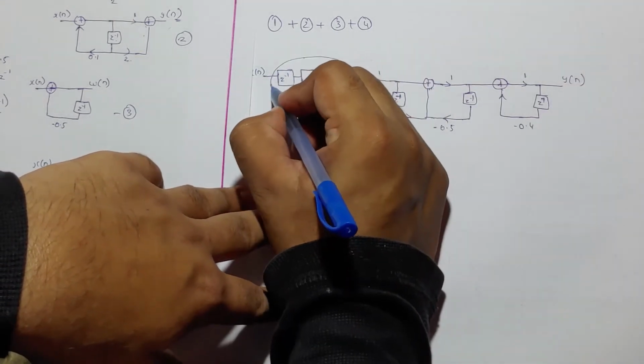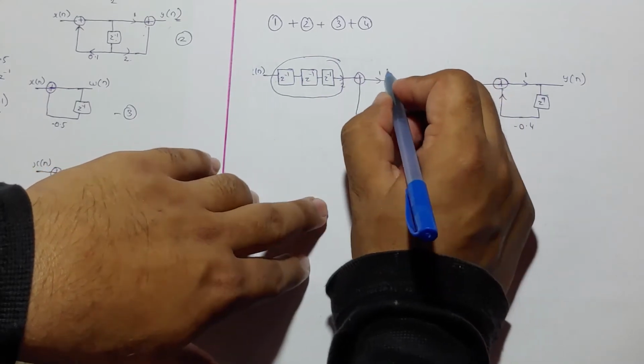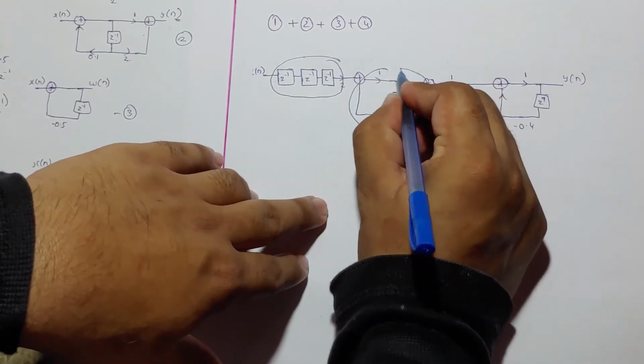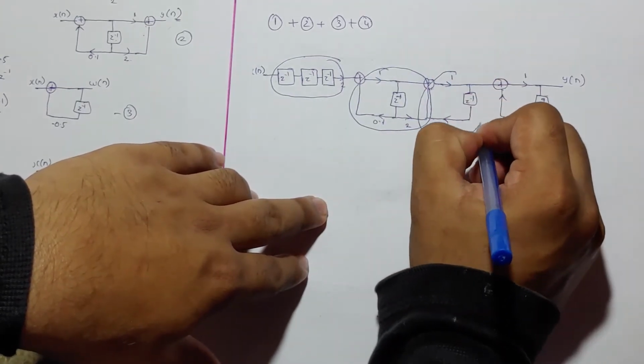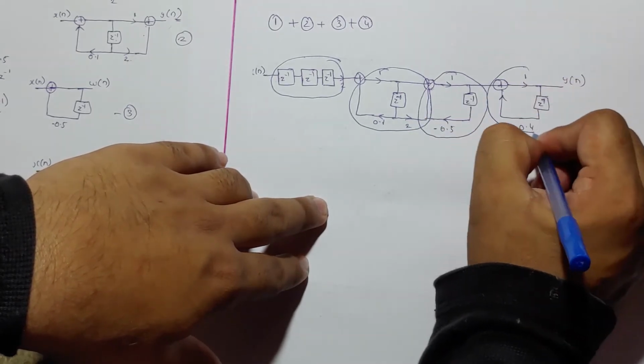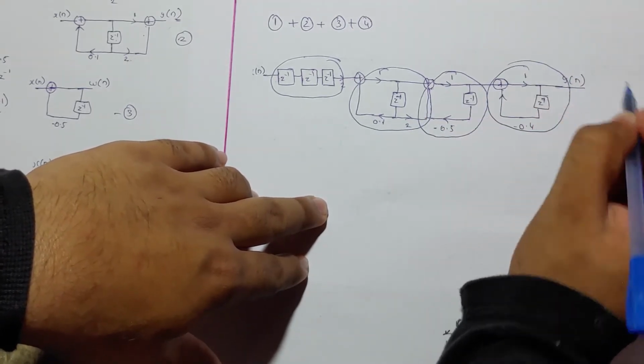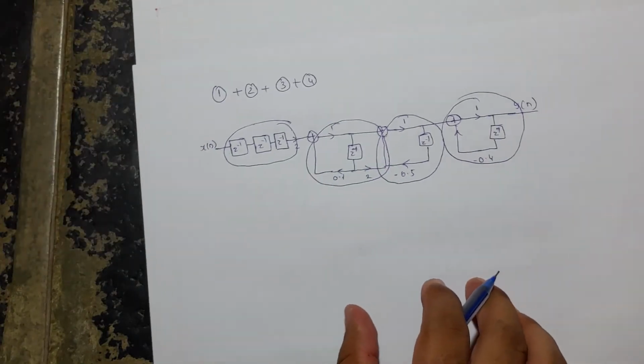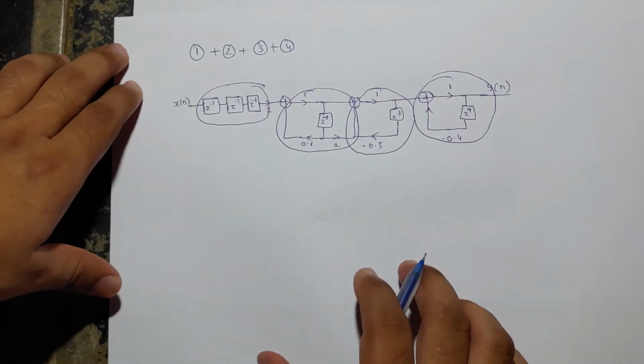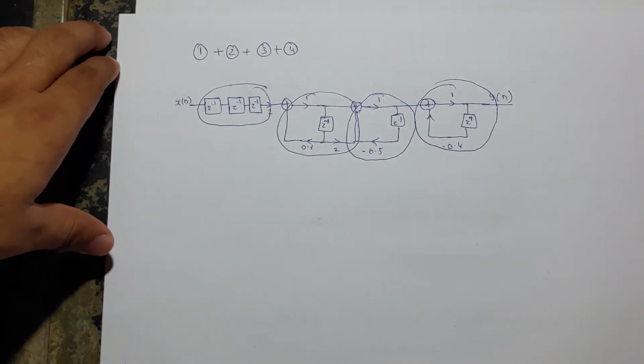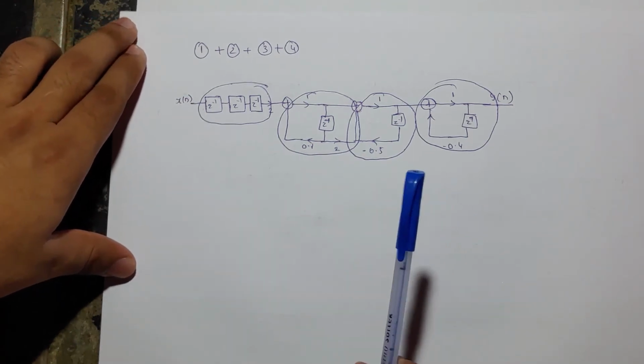Here this is set 1, this is set 2, this is set 3, and this is set 4. In this way we will solve the cascade form.